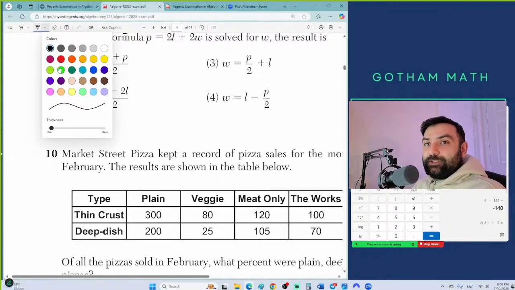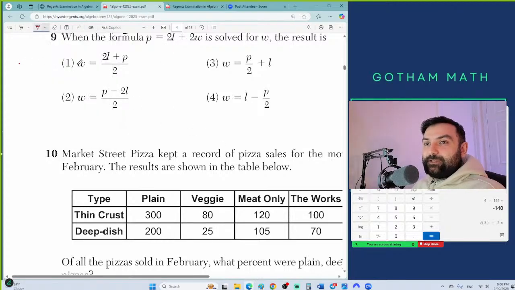Next question is this. When the formula P equals 2L plus 2W is solved for W, the result is. All right, so this is just solving for a variable. It's called literal equations. You don't look for the answer, you reshape it.